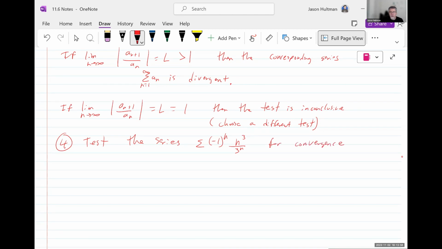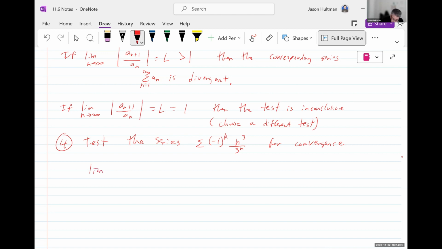Does this thing converge or diverge? Or do we need to try something else? Let's test this alternating series for convergence. So we could use the alternating series test on this if we wanted to. But let's use the ratio test.